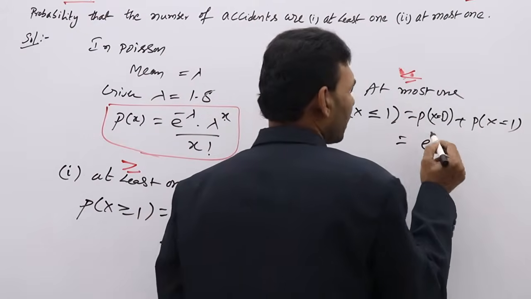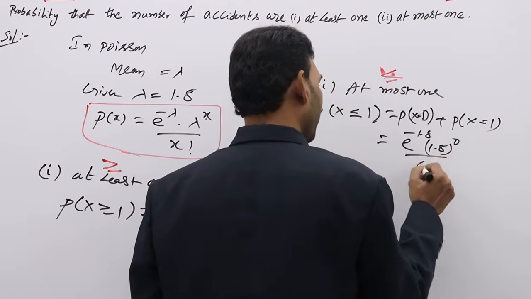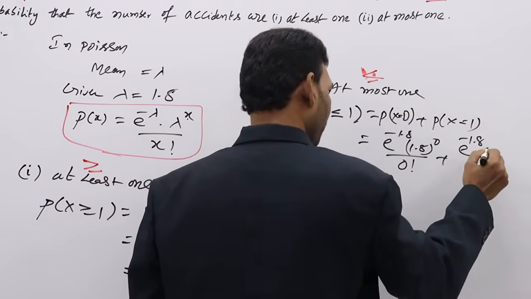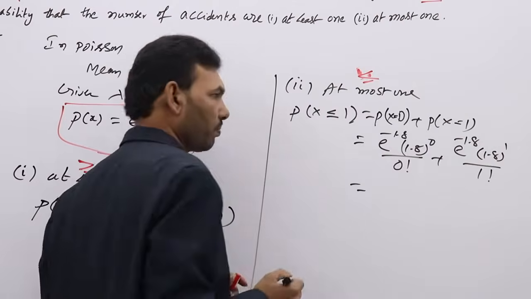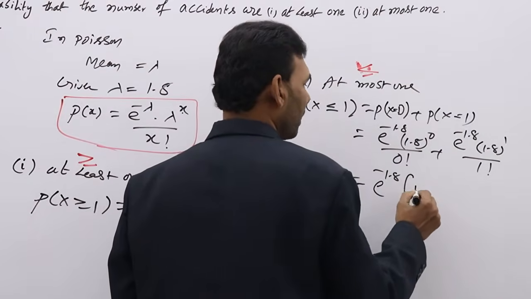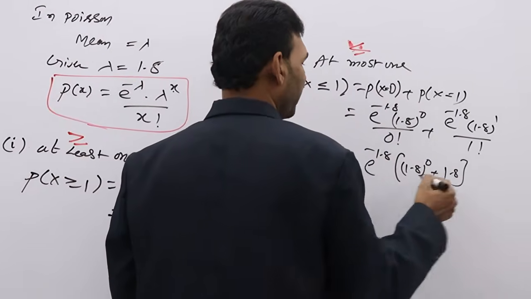That means e power minus 1.8 into 1.8 power 0 by 0 factorial, plus e power minus 1.8 into 1.8 whole power 1 by 1 factorial. If you take e power minus 1.8 as common, 1.8 whole power 0 is 1, plus 1.8.